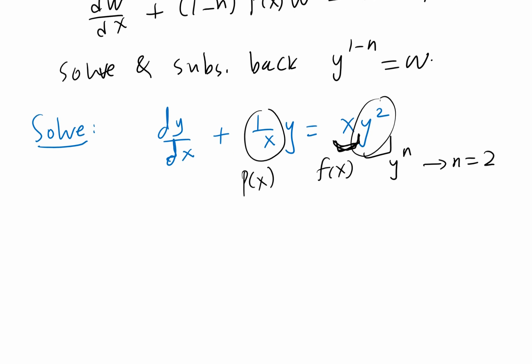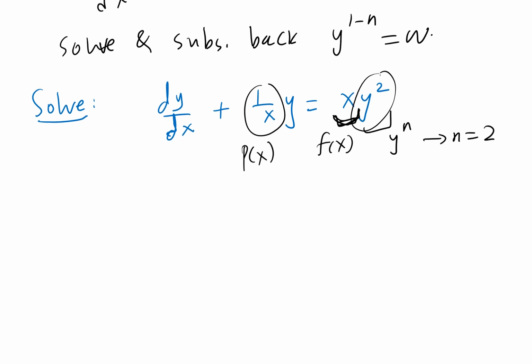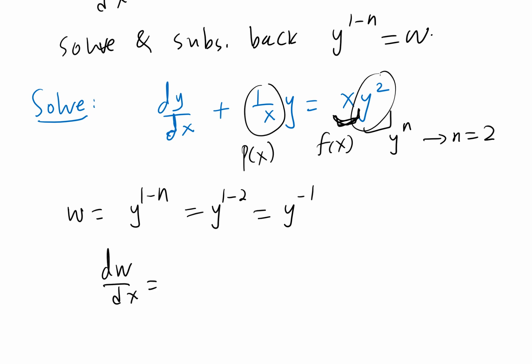And since we realize it's a Bernoulli differential equation, we start with w equals y to the 1 minus n. y to the 1 minus 2, it's y to the negative 1. We differentiate both sides with respect to x to get negative 1 y to the negative 2 dy/dx.